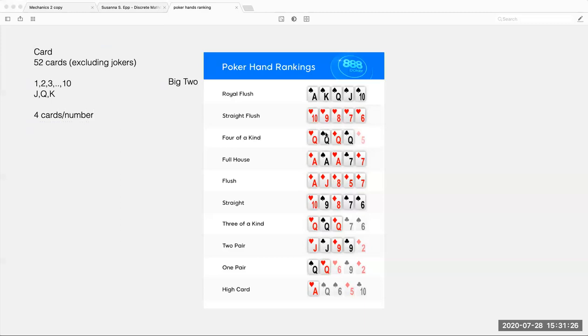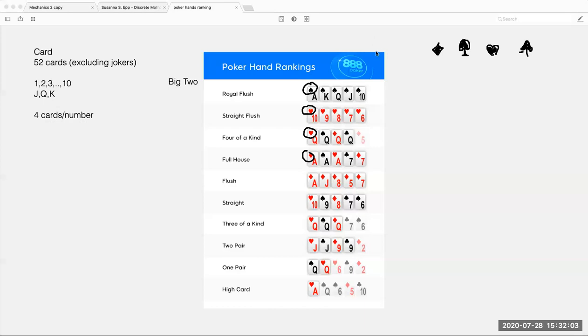The 4 cards mean different types. One is the diamond. One is the heart. One is the spade. And one more that I don't know how to call. So there are 4 different types.